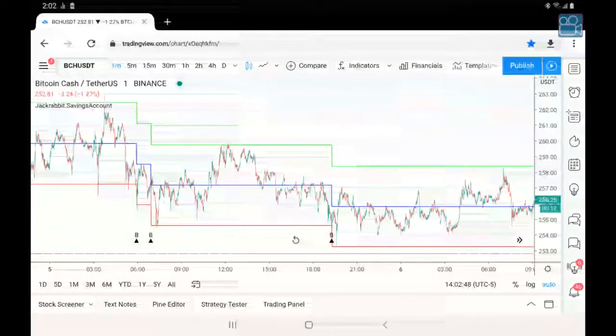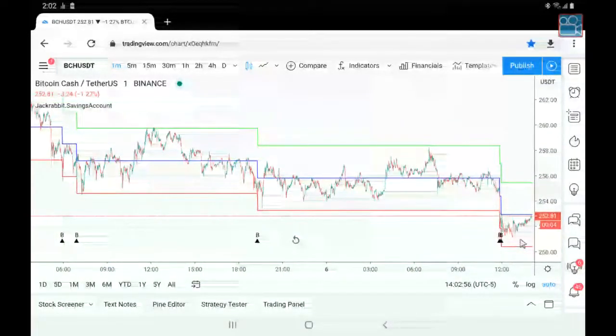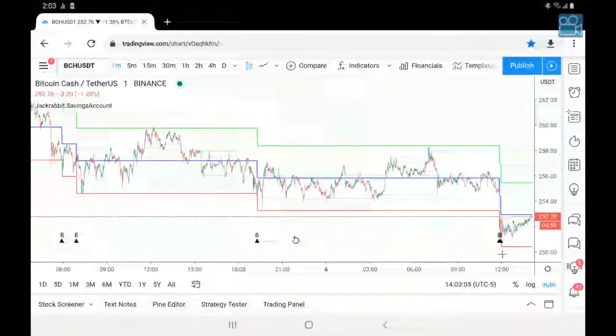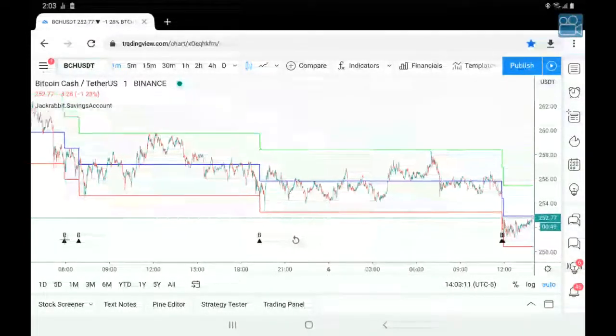BCH. This is a stable coin choice because it is one of the top tiered coins, but it is a slow coin. Look at these long stretches of sideways action. You see the buy markers. This means you're going to be holding for longer periods of time.